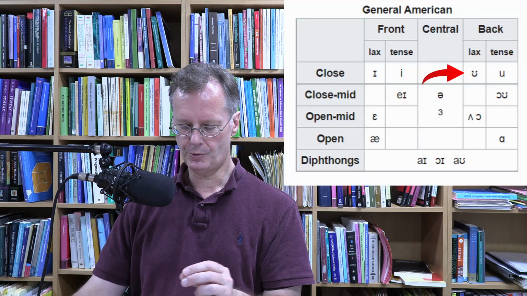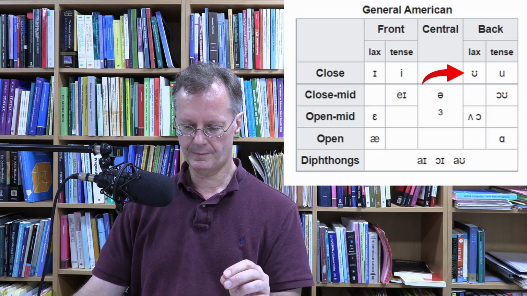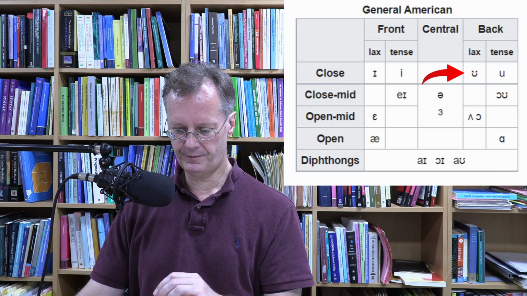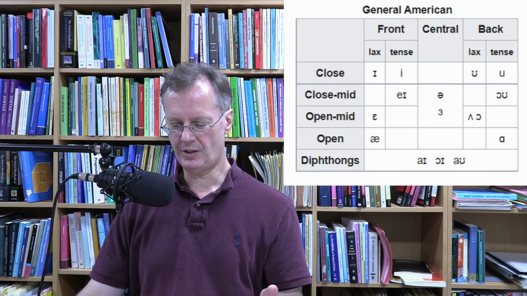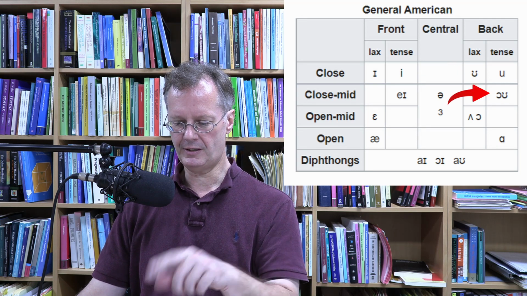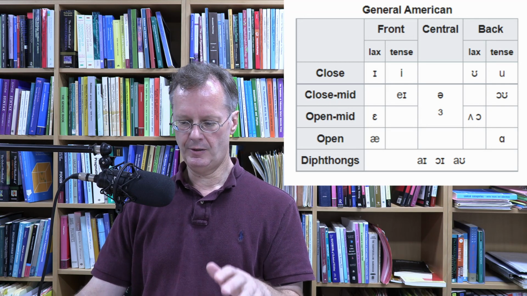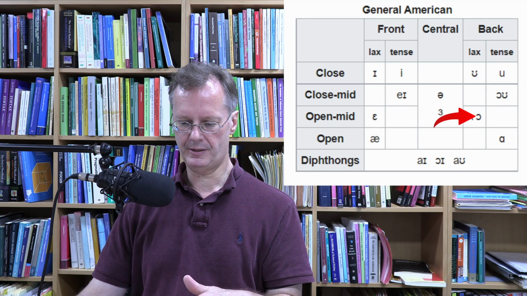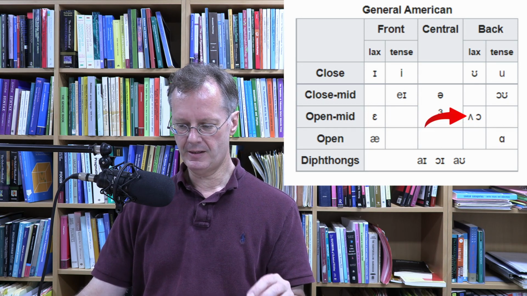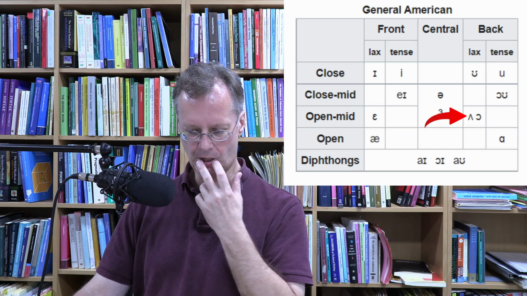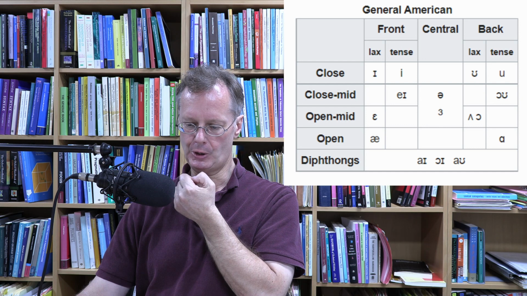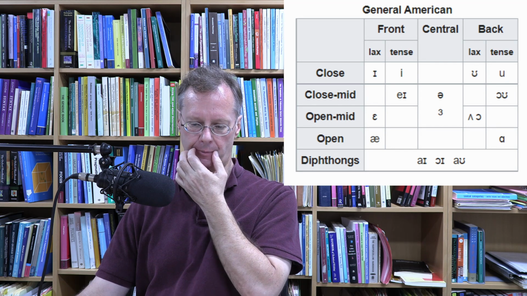And then in the back, you've got, of course, oo, like look, or food, foot. Then you've got the O, boat. Then coming down a little bit further, a little more toward the bottom, the O, like in bought, and the vowel like in but or hut. So those are together because it is really an unrounded version of O. Bought, but, unround your lips.